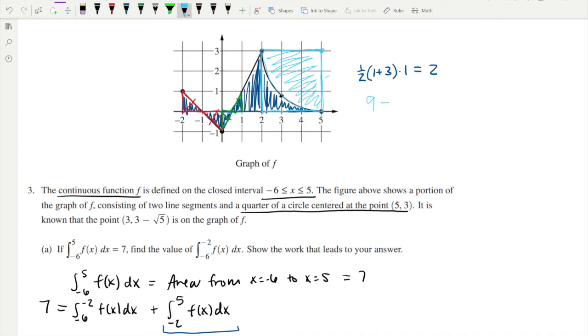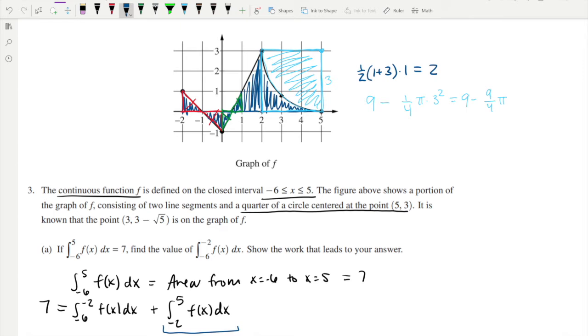This is a circle with radius 3, and this is a quarter of it, so I'm taking 1/4 of pi r squared, pi times 3 squared. So this is going to be 9 minus 9/4 pi. That's our remaining blue area.